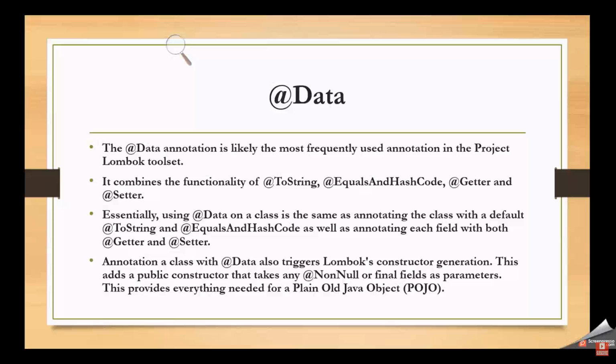This annotation combines the functionality of @ToString, @EqualsAndHashCode, @Getter, @Setter, and @NoArgsConstructor also. Fine. So this is a very useful annotation for our plain old Java objects in our Java applications.